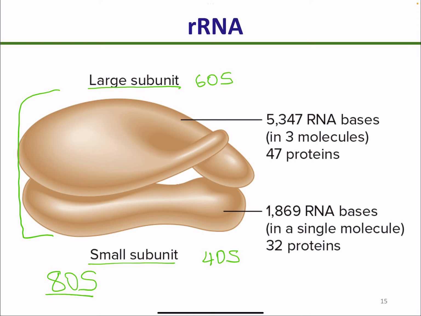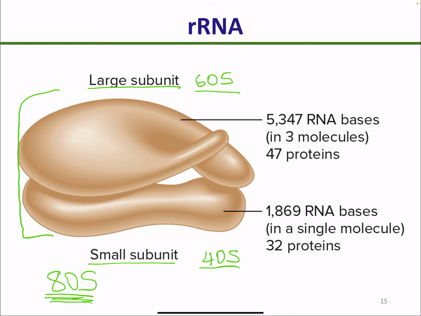Now, 80 is not a matter of trying to add 60 and 40. It's not a matter of adding them. The eukaryotic ribosomes are called 80S ribosomes, while prokaryotic ribosomes are called 70S ribosomes. But let me close that parenthesis.